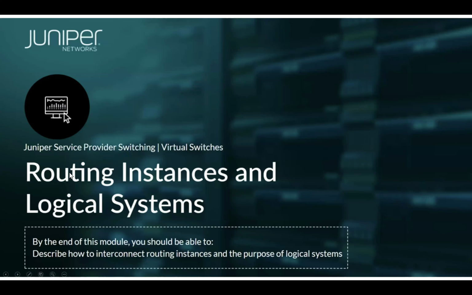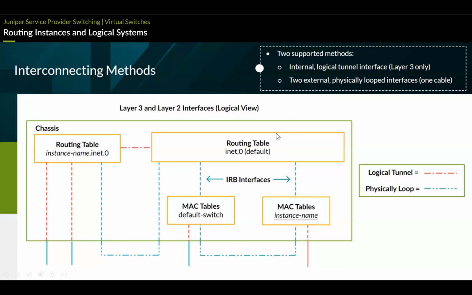We're in the last section, routing instance and logical system. So see here, when you configure the routing instance, from a routing perspective, the physical router route table is inet.0, but in a logical or routing instance, the route table will be instance-name.inet.0.